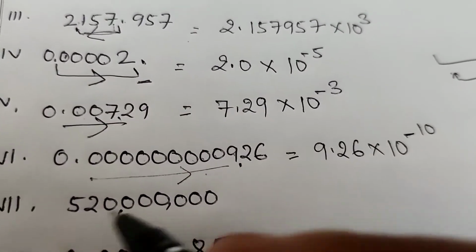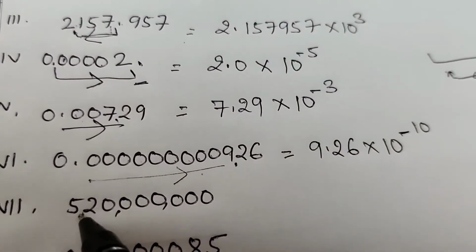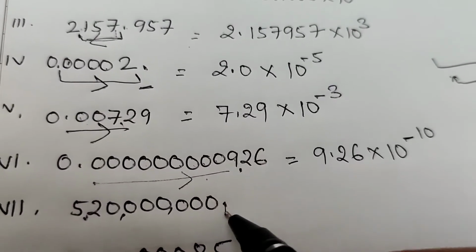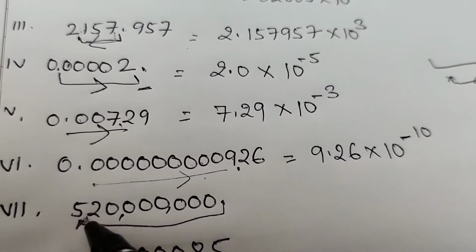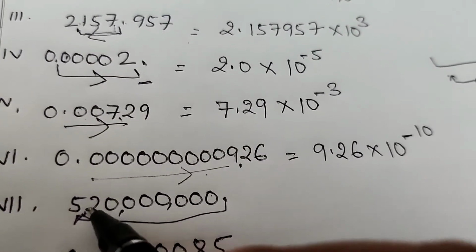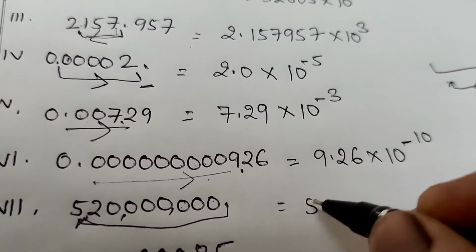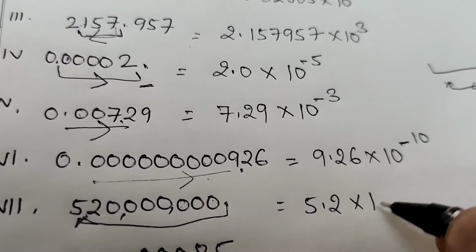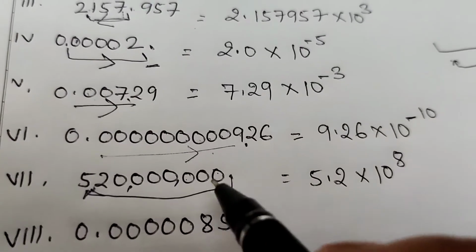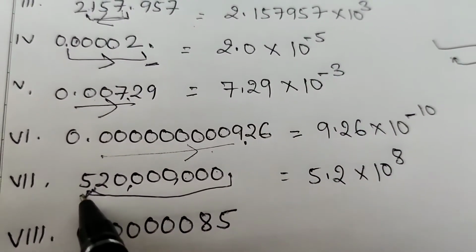In this question, the 5.2. We can write 5.2. And the decimal is at the end. And we are taking this much. How many places? 1, 2, 3, 4, 5, 6, 7, 8. It means 5.2 into 10 raised to power 8. Positive power because from right to left.